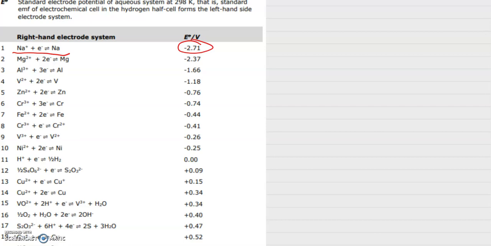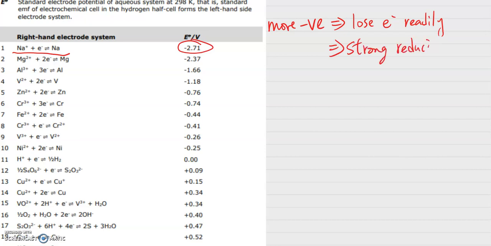So we can conclude that the more negative the value, the more readily the species loses electrons. If it loses electrons readily, that means it should be a strong reducing agent. Another thing I want you to notice is the hydrogen itself.